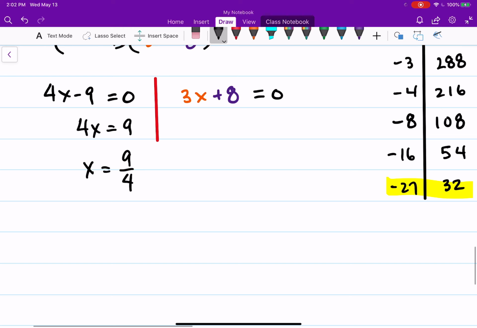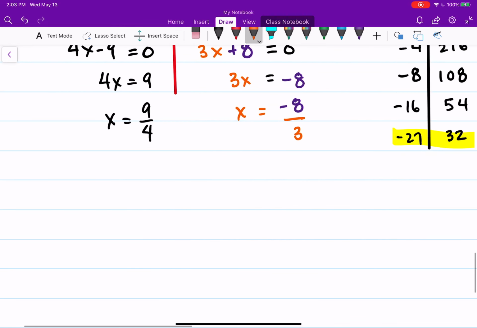Over here, I got to subtract the 8, divide by 3. So there would be my two answers.